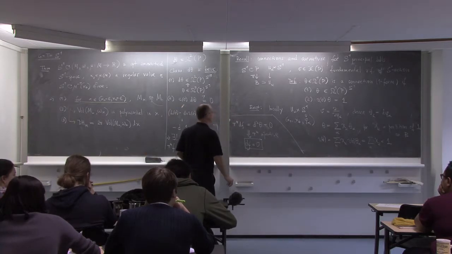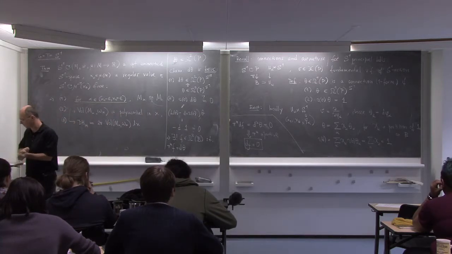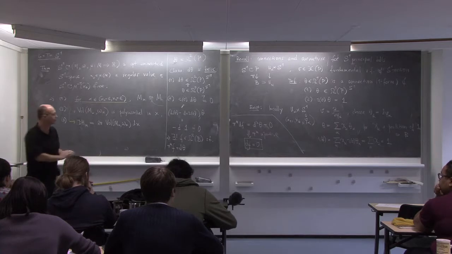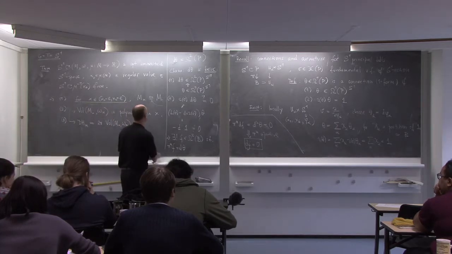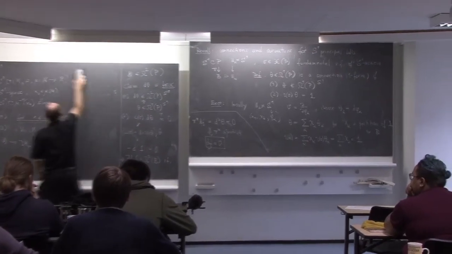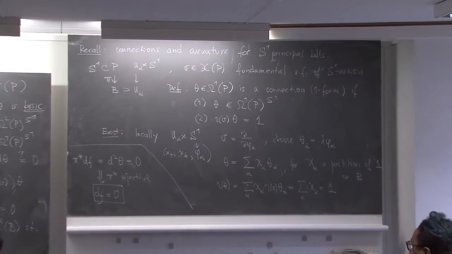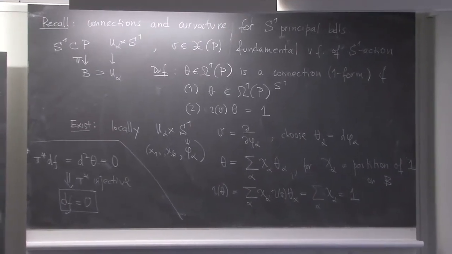Okay. Very well. So now we're gonna use this machinery to build a local model of our Hamiltonian S1 space in a neighborhood of the level set.